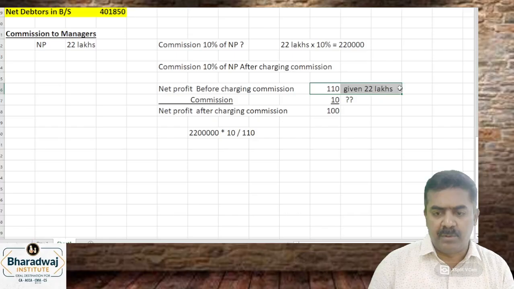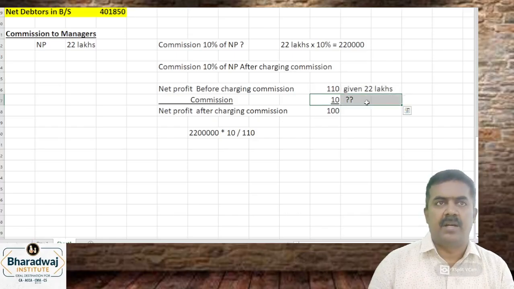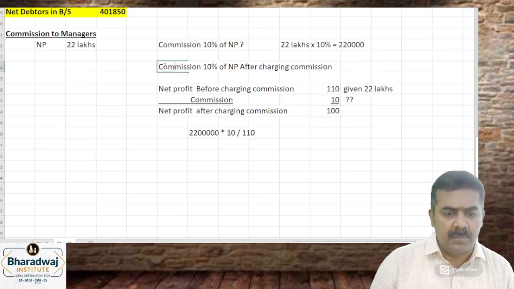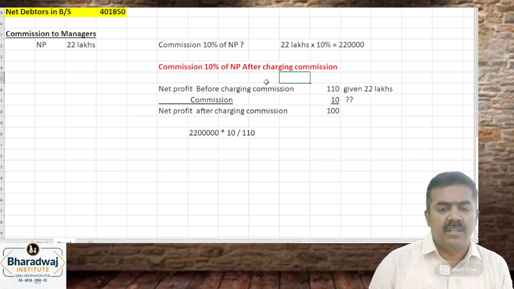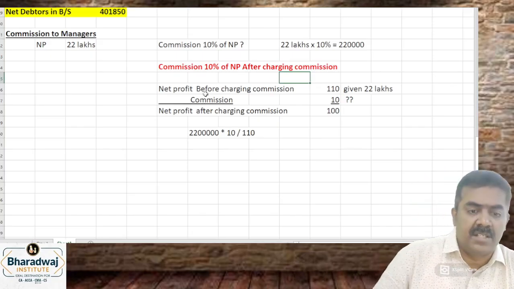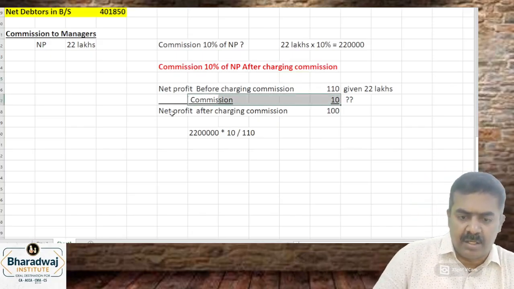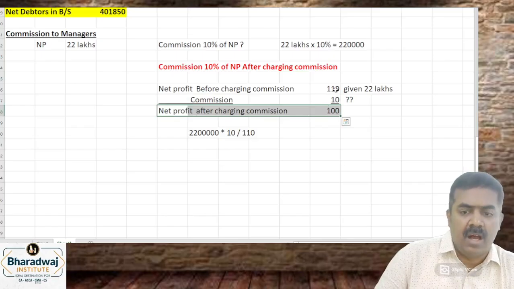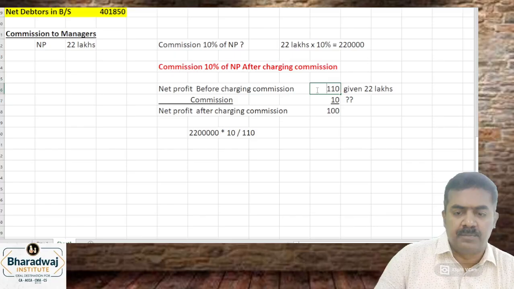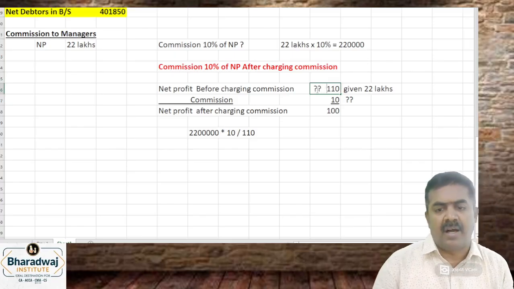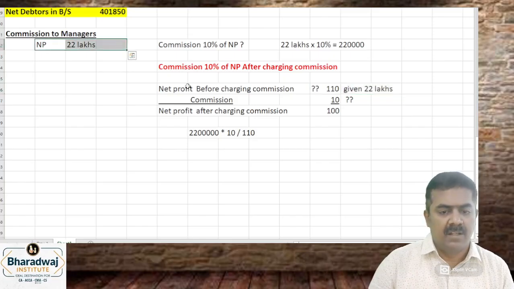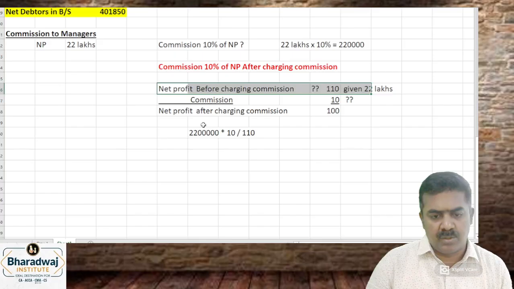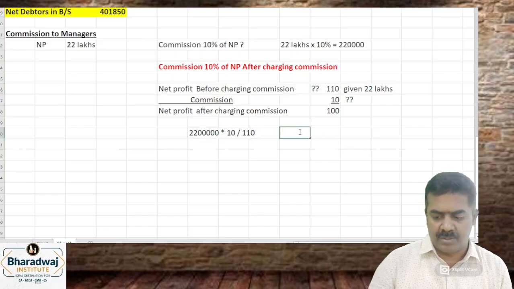Clear? I repeat. Here, the commission percentage is given as a percentage of which one? Net profit after charging commission. Commission 10 rupees, net profit after commission 100 rupees, then before charging commission how much would it have been? 110. And the 110 is 22 lakhs, the net profit given. If 110 is 22 lakhs, what is 10? You will get how much? 2 lakhs.